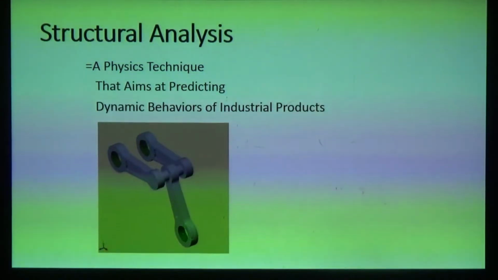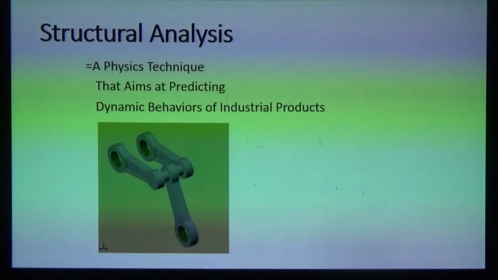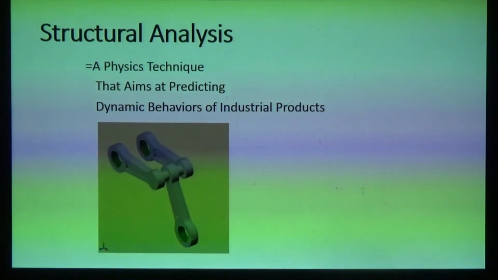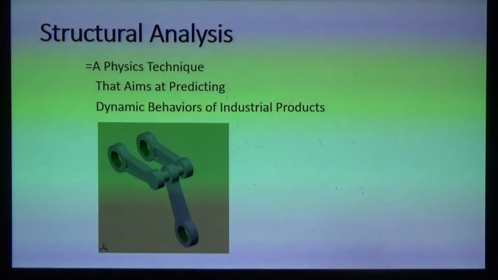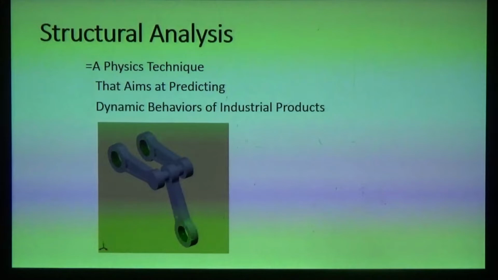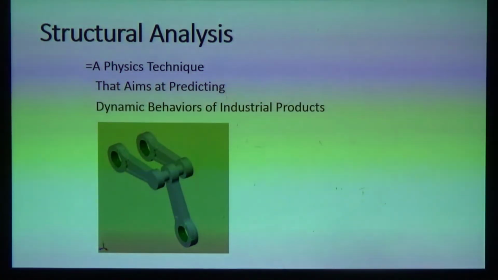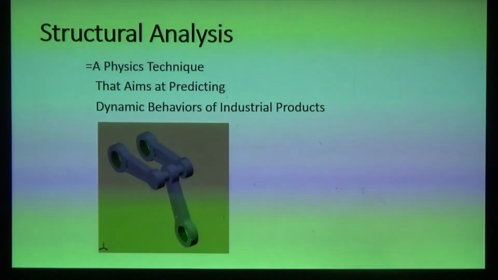As a solution to this problem, we use a biomechanical technique called structural analysis. Structural analysis is widely used to predict the dynamic behaviors of products. Here is an example of structural analysis in use. The picture shows a part of a car engine.